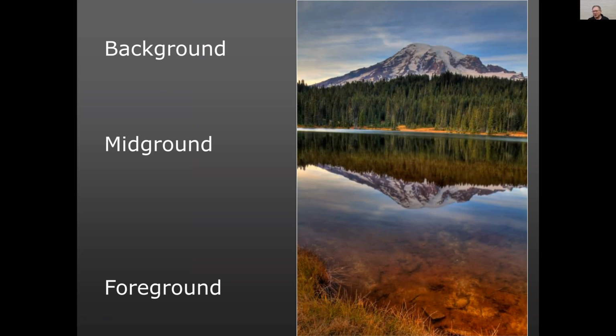Now this was taken as an HDR and obviously darkened down some in the foreground to get this look. But when you're taking landscapes, clearly one of the techniques you can use a lot is to have something in the foreground.